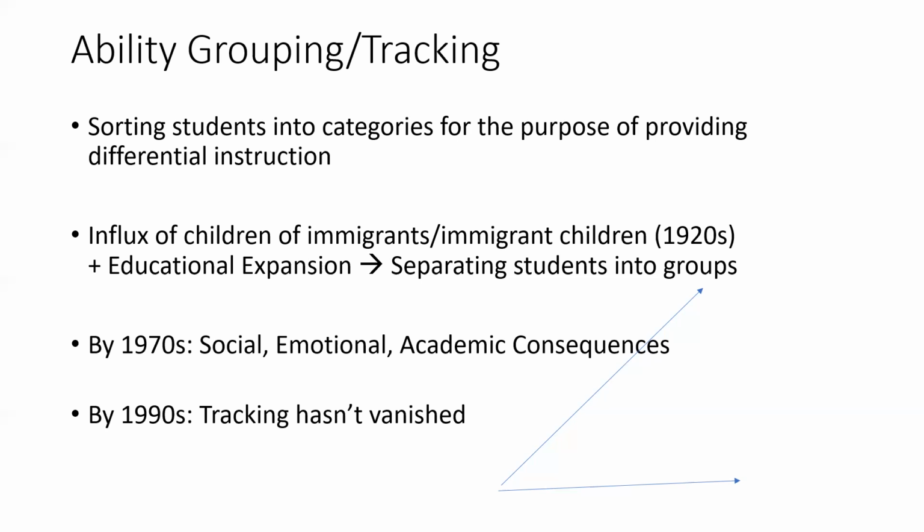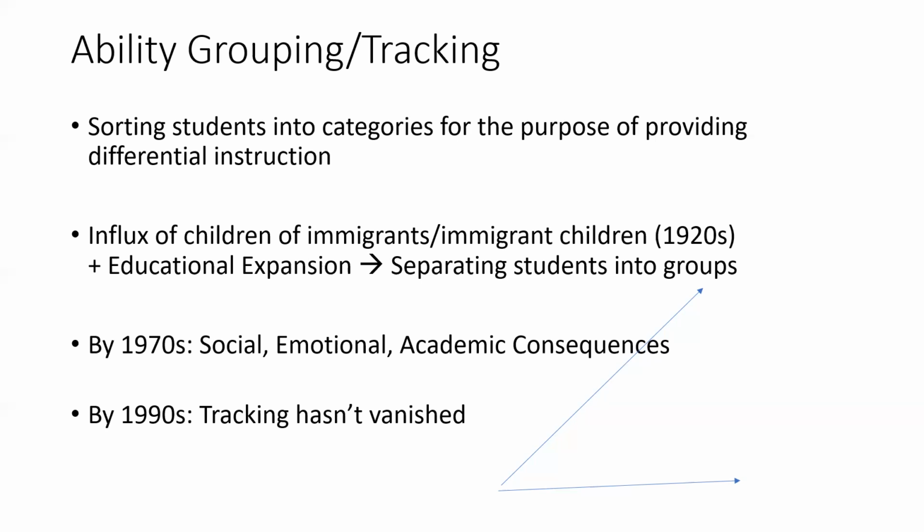Now, in the vocational program, what we tended to see was poor students, and especially students of color, being tracked into vocational education. And on the other end of the spectrum, you had these special programs, college prep programs, which tended to actually be affluent and white students who received this special type of curriculum.